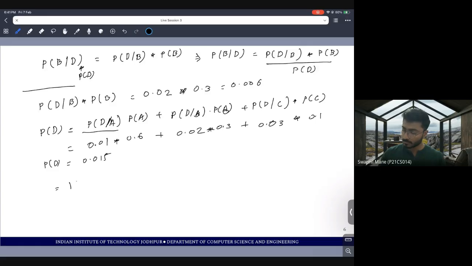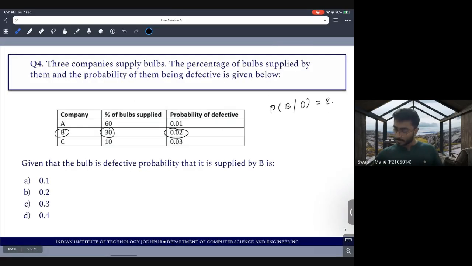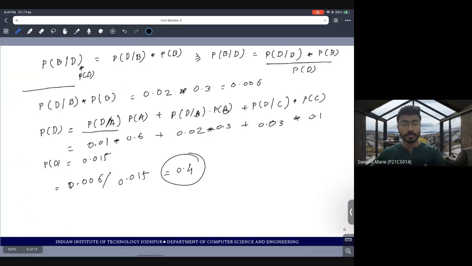So we need to divide 0.06 by 0.015. You get 0.4, right? It is the correct answer for this question. So option 4 is correct here. I hope you guys understood, right?